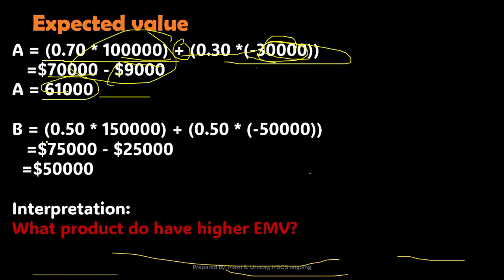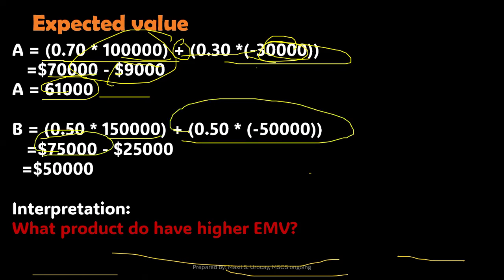Afterwards, for B, 50% times 150,000 equates to $75,000.